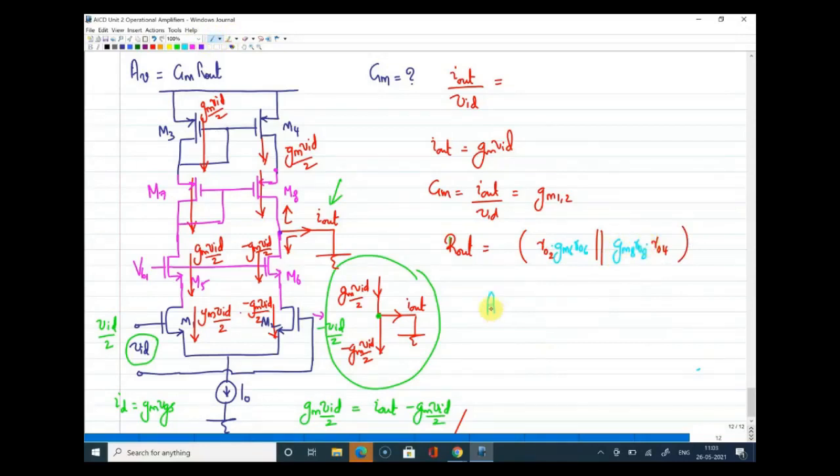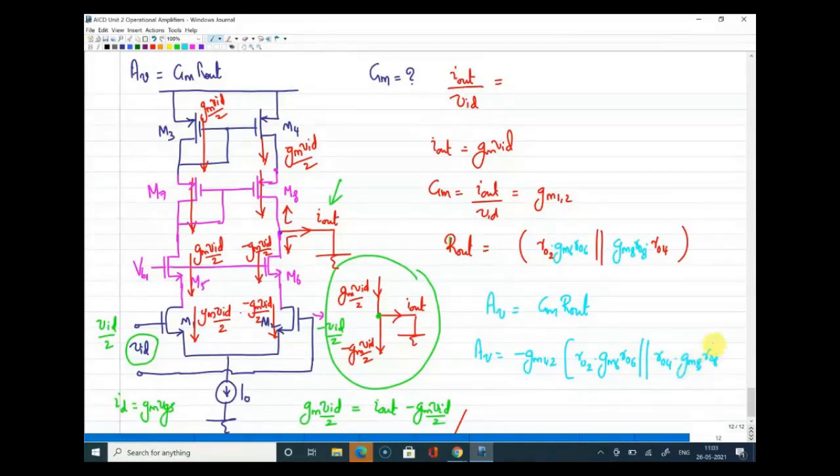So we can say voltage gain is equal to Gm into R. In none of these cases did I put the minus sign. It is understood that there will be a phase shift in the output. So Av is Gm into R out. If I write the final gain expression, I can write: minus Gm of 1, 2 into R02 times Gm6 R06 parallel to R04 times Gm8 R08.